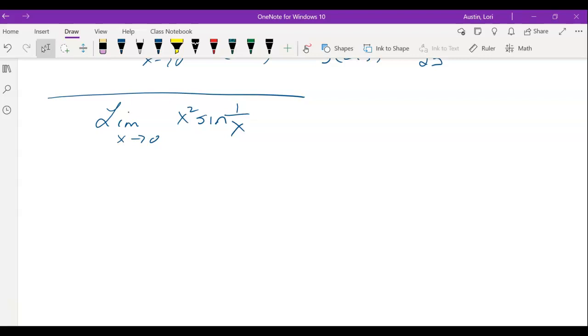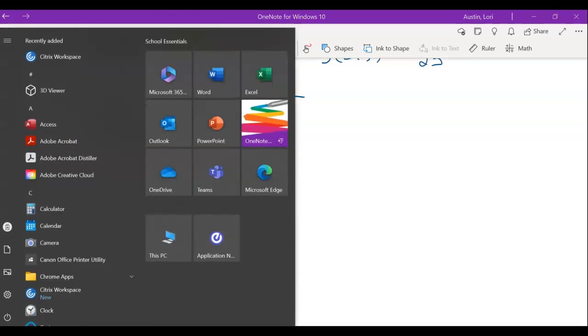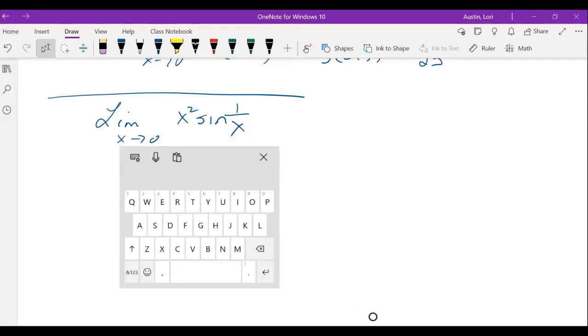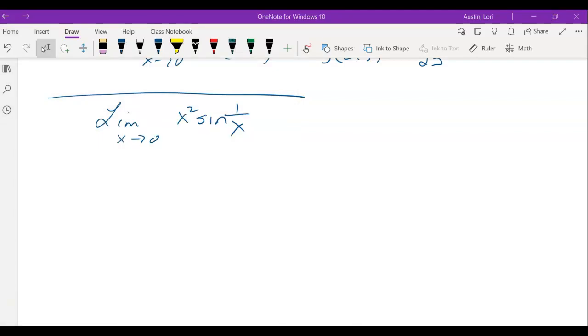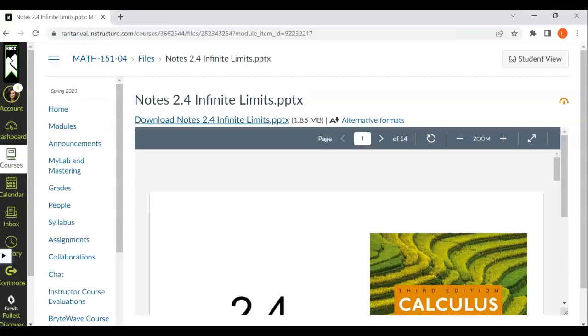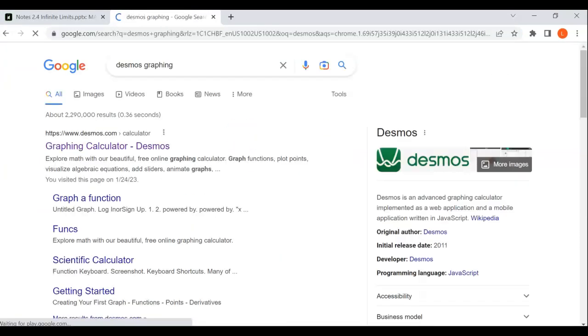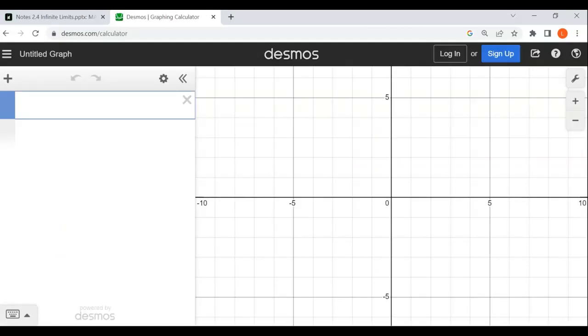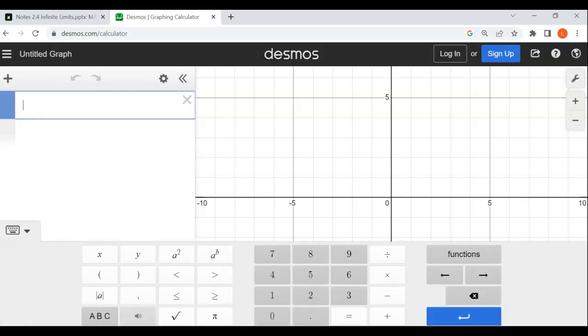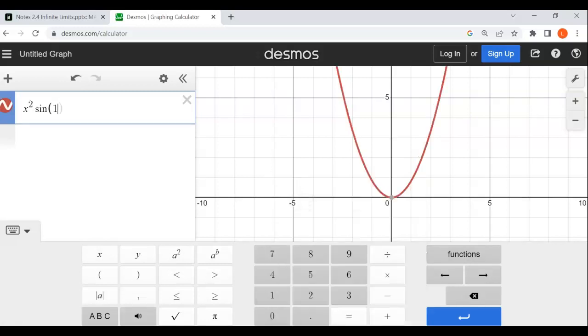So let's get on Desmos, which I hopefully can do quickly. You should be able to get on Desmos somehow and graph that. All right, so it's x squared, sine of 1 over x.